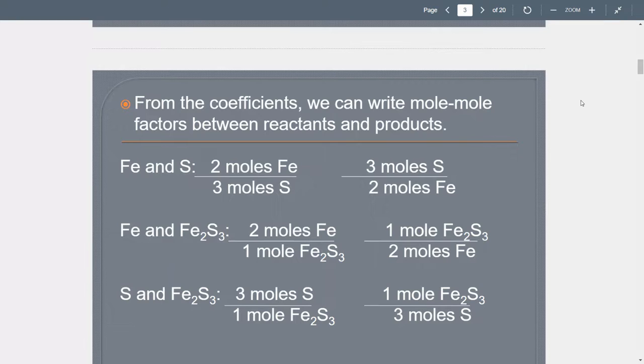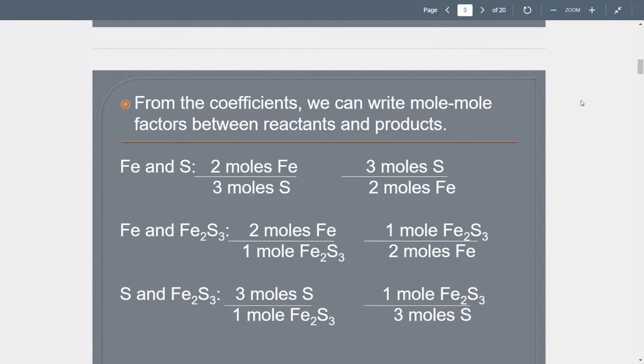Okay, and so if I'm going to compare iron and sulfur, both of those are my reactants. If I compared those 2, I can always have 2 ratios out of that. One time iron is on top, so 2 moles of iron over 3 moles of sulfur. Or on the flip side of that, I can have sulfur on top, 3 moles of sulfur and 2 moles of iron.